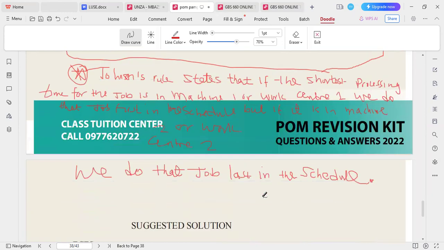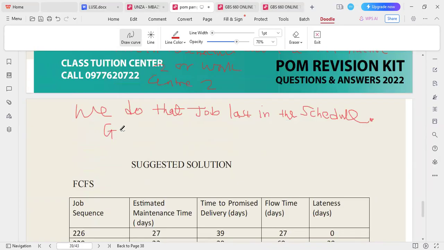The Gantt chart is drawn based on the job sequence obtained from Johnson's rule.